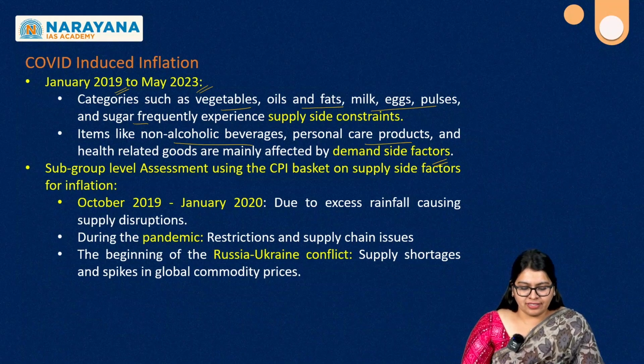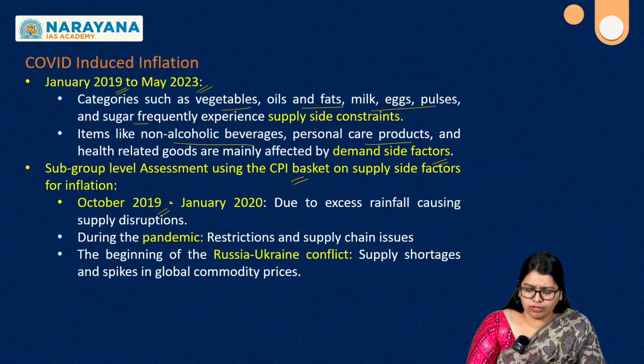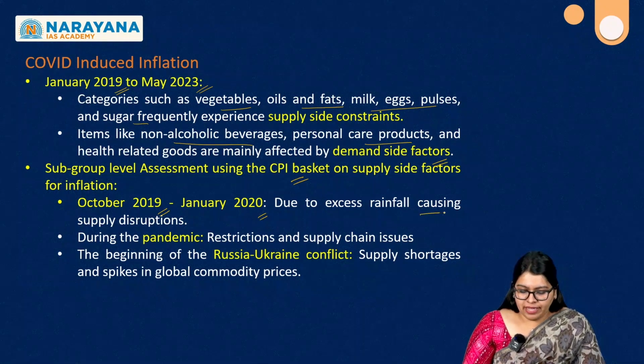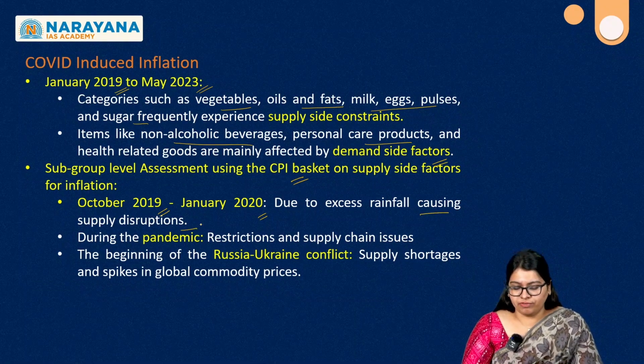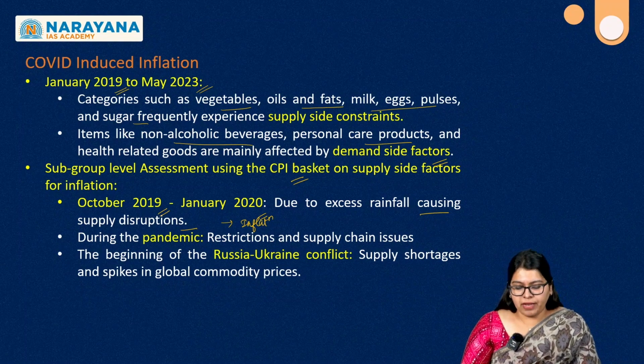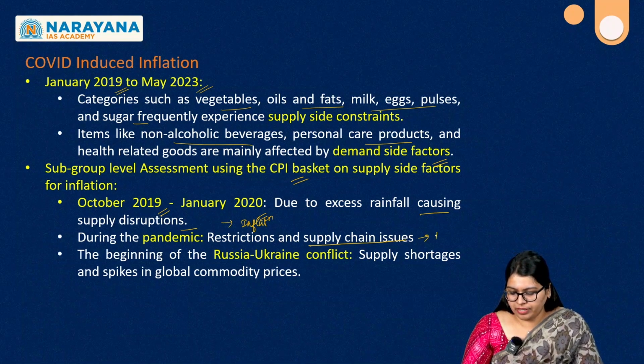Also, at the subgroup level in the CPI basket, from October 2019 to 2020, due to excessive rainfall, there were supply disruptions which further caused inflation. During the pandemic, restrictions again caused supply chain issues, thereby increasing the price of goods.